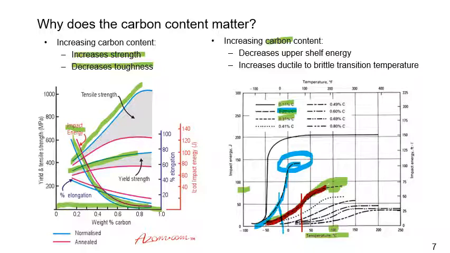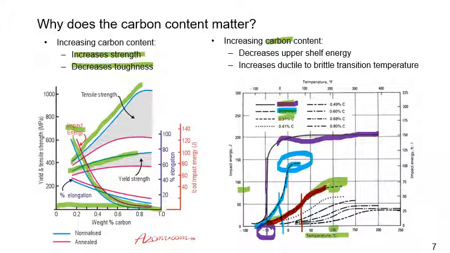Now if I lower the carbon content even more, this 0.11, poor color choice, you can't see it anymore, but that's 0.11% carbon. Now I have a very high toughness along most of the temperature range, and then a very low ductile to brittle transition temperature of negative 50 degrees Celsius approximately.